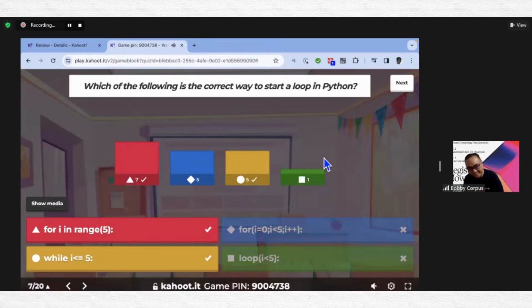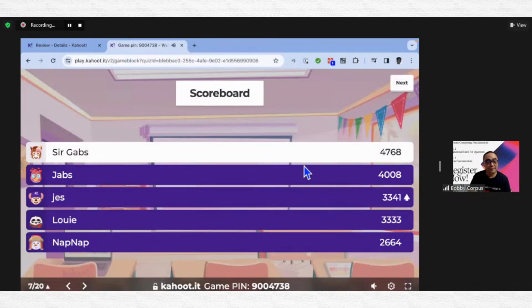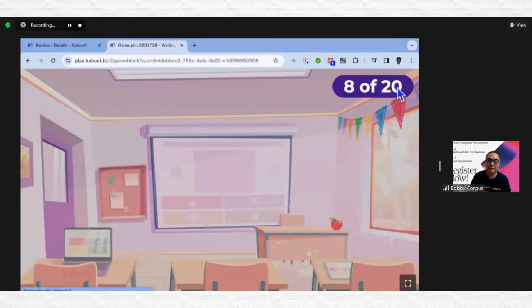Okay, medyo kailangan pa natin mag-aral ng review ng Python. So ito yung correct answer. And actually, 5 is also correct. Although the best practice is the for i. Okay. Oh, nag-change lang suggested si Louie.